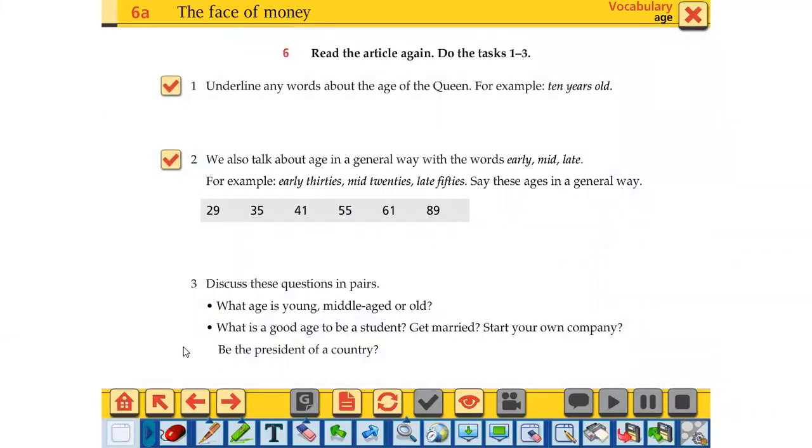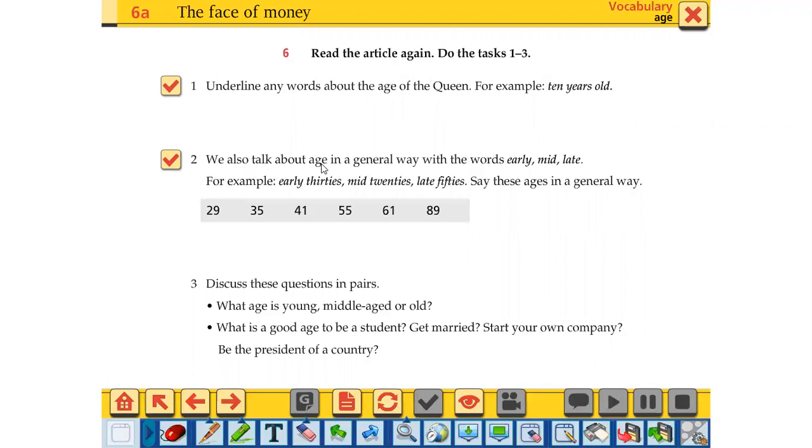Read the article again, do the task 1 to 3. Underline any words about age of the queen. For example, 10 years old. Okay. Any words about the age of the queen, you have to underline, subrayar.